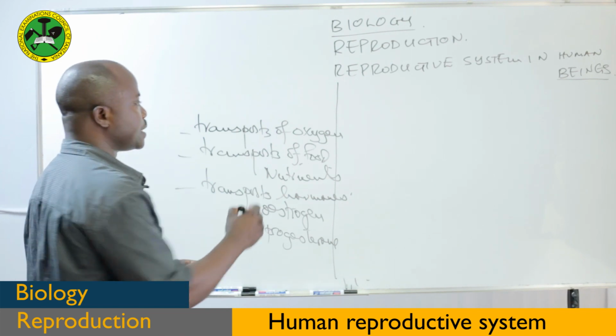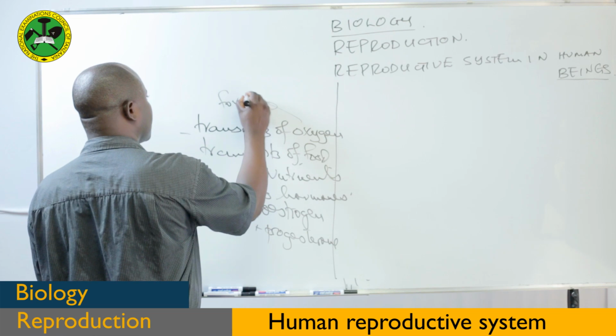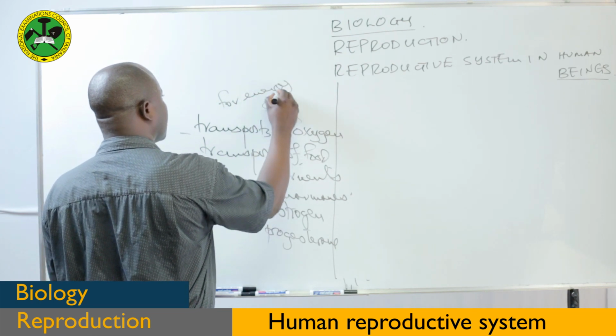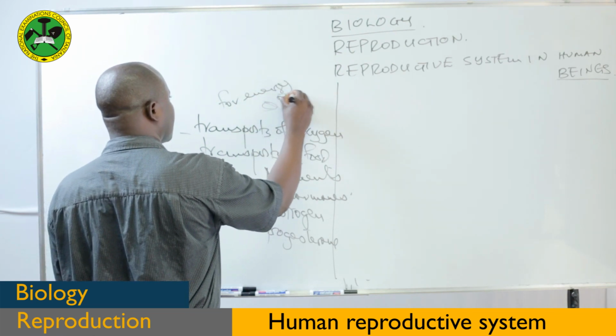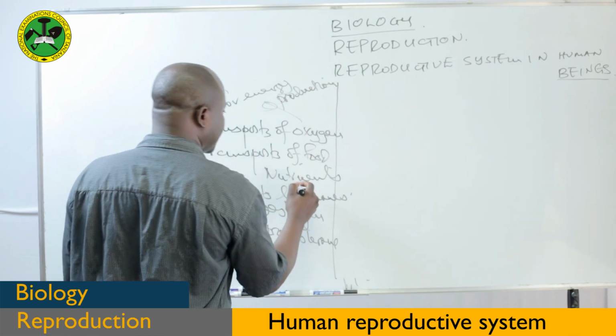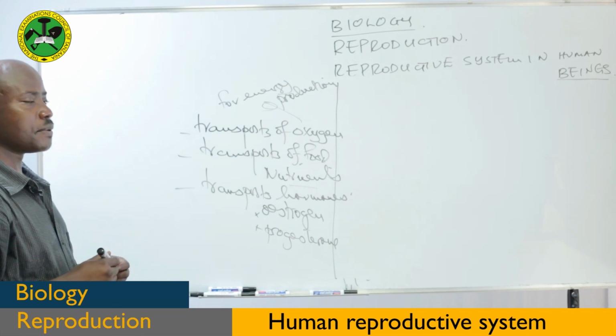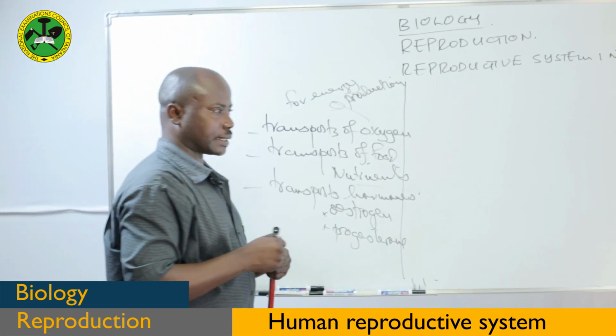But also I said oxygen is used for energy production, whereas nutrients are necessary for development of the female reproductive cells.